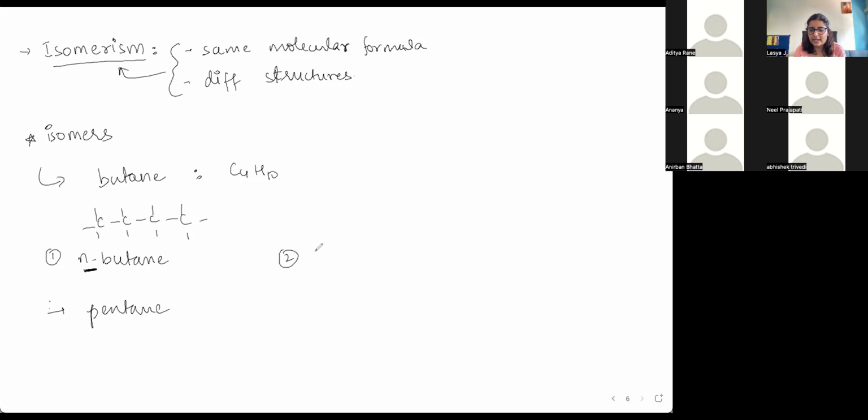The second is isobutane. Whenever you come across iso, there's a T kind of structure to it, so one carbon becomes a branch, and the remaining is filled up with hydrogens. Let's write it down in case you're noting it down. Note down the hydrogens also.